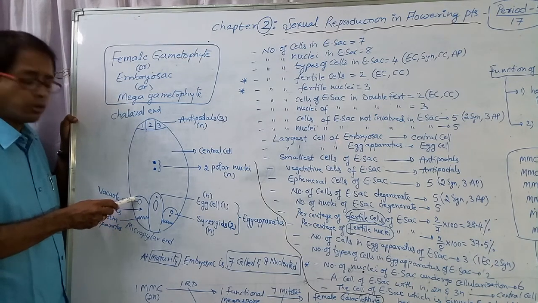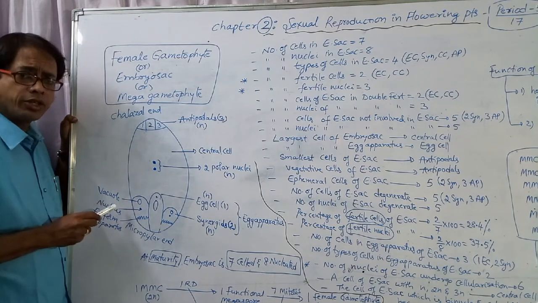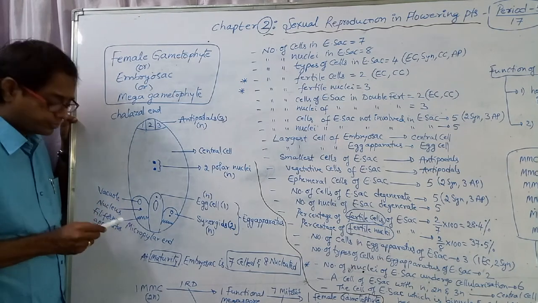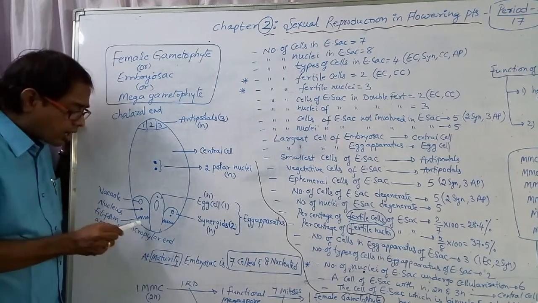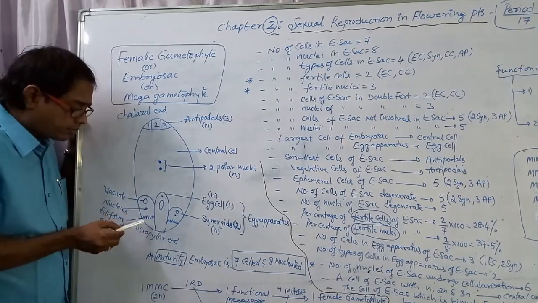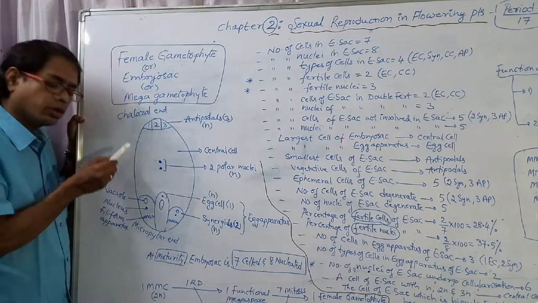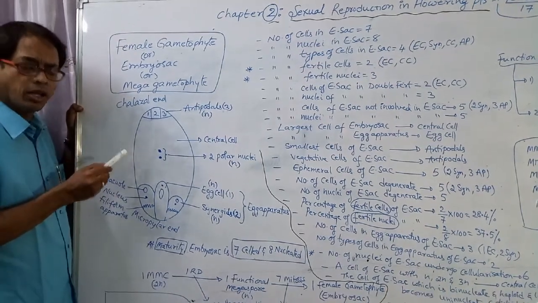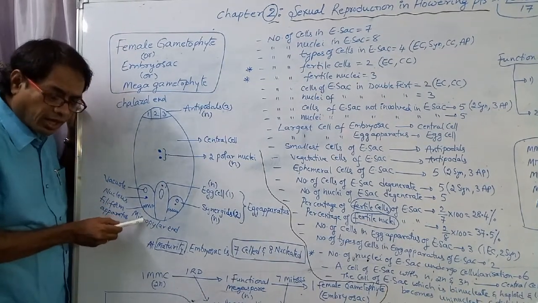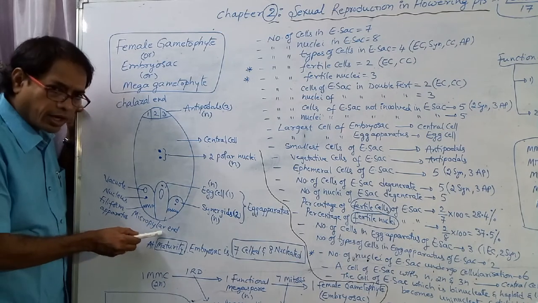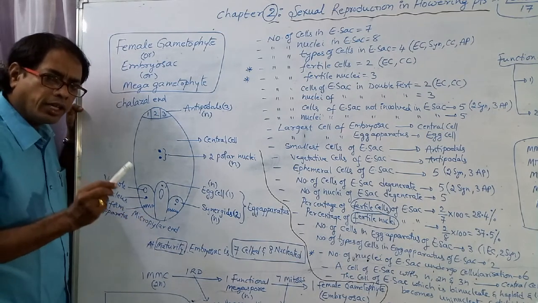This is a very important point. My dear students, try to concentrate. The parts of the synergid from the micropylar end to the chalazal end, or anterior end. This is the anterior end. Where is the micropylar end? That is the anterior part.